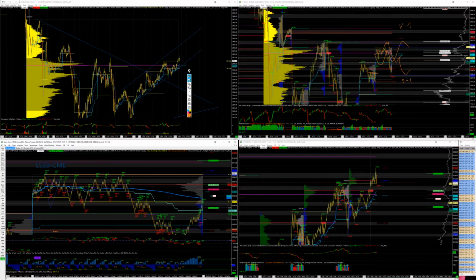Went down to below the mid where I shorted and I had to cover. That was my scenario 2 trading.